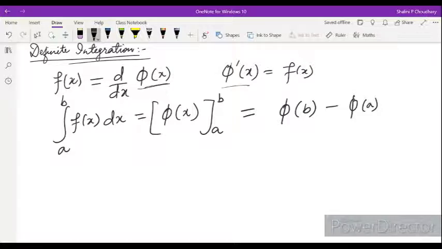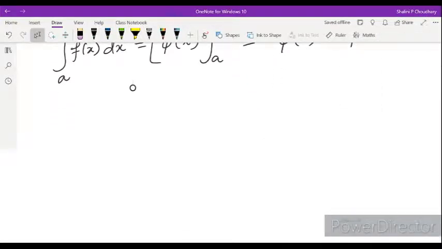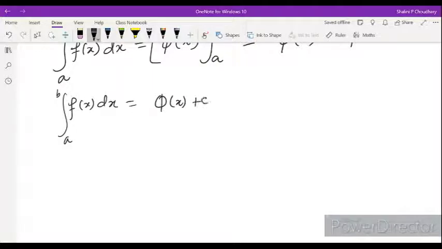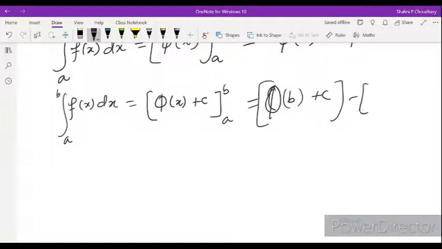How? Let's see how it gets eliminated. If we are taking this f(x) with respect to x, we have to find out the integral from a to b. So that will be equal to phi x plus c within the interval a to b. It means phi b plus c minus phi a plus c.